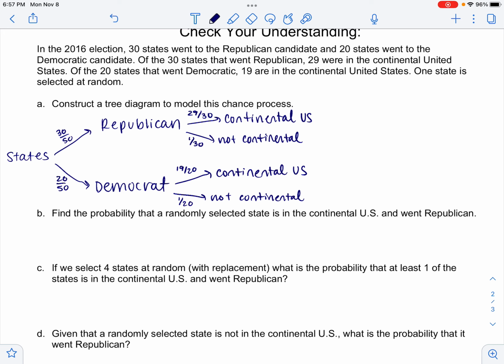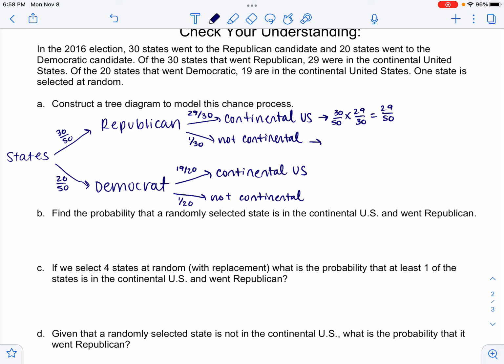So now in the end, then, we can find our final probabilities for each of these outcomes. So for the first one, the probability of Republican and continental U.S. is 30 over 50 times 29 over 30. So that equals 29 over 50.